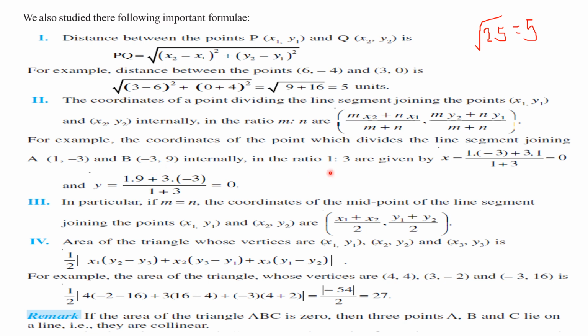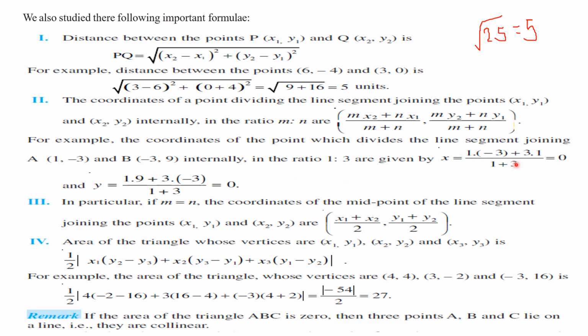Here we assume that this is m and the second number is n, m is to n. So in this formula, to get the x coordinate of that point, (mx2 plus nx1) by (m plus n). So m is 1 into x2. What is x2 here?